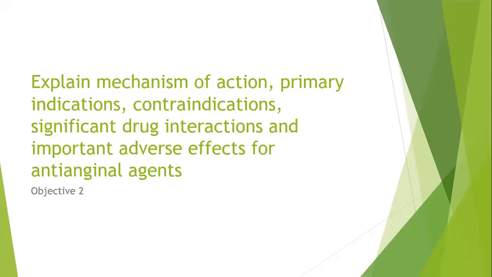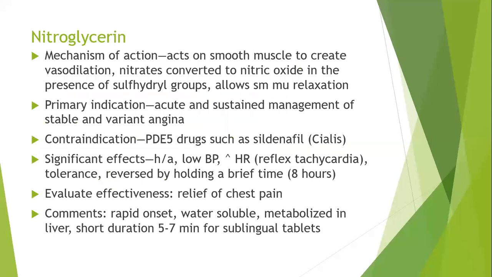So let's go on to look at the action and primary indications and significant drug interactions for anti-anginal agents. Here's the drug card for nitroglycerin and how it works. It works on the smooth muscle to create vasodilation. It works through nitric oxide, which is a vasodilator.